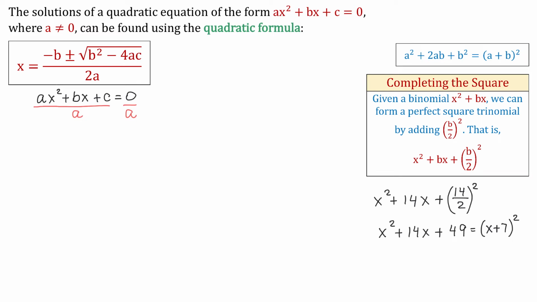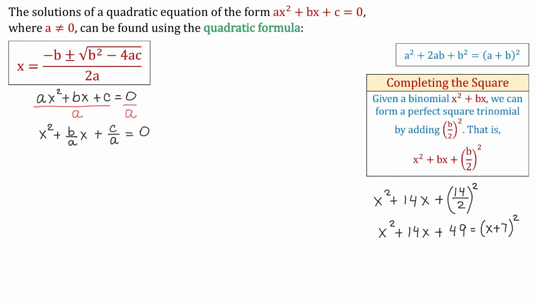Then on the left side, we will divide each term by a. So ax squared divided by a is x squared. bx divided by a is b over a times x, plus c over a. Then 0 divided by a is 0.